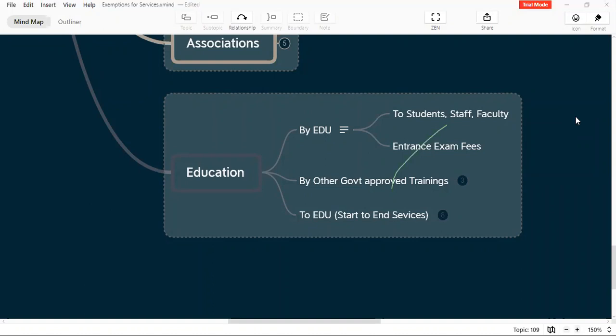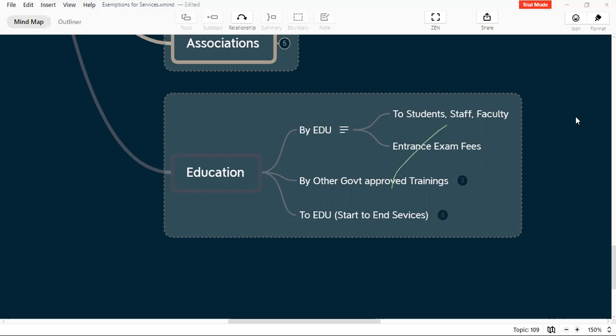However, the commercial classes which you are paying for are not compulsory to get the degree. Even without that, you can appear for the exams, and without that you can get the degree. So whatever you are paying as education fees to the CA Institute is like a commercial fee, just like how you pay commercial fees to any other tuition center or any other academy, the same way you are paying that fee to the CA Institute.